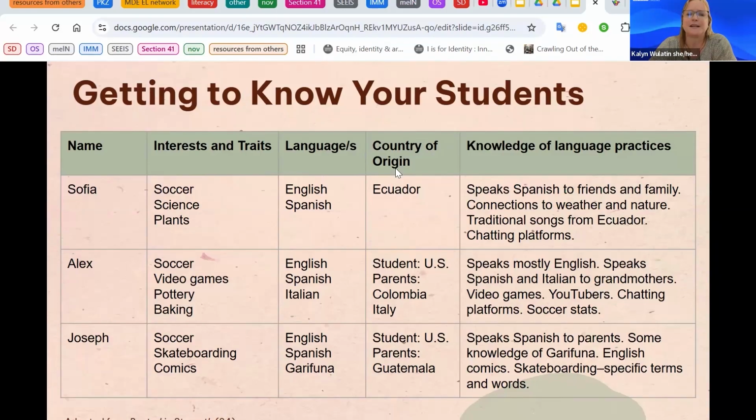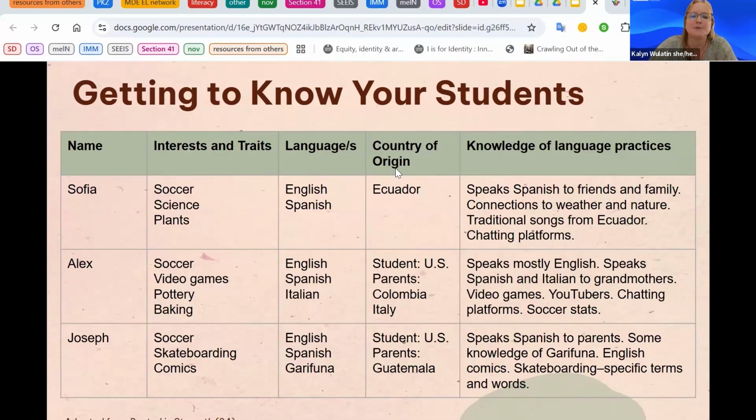As well as, of course, your interests, maybe a little bit about your history and places you've lived. And then things like who do you speak to in what language. Again, these wouldn't maybe be on an initial survey, but come over time.